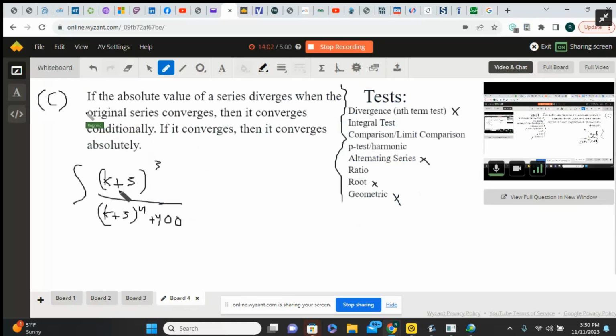There probably are methods, integration by parts and whatnot, but this is very complex. I wouldn't use the integral test for this one. The comparison test might be nice. You just go through these like no, no, no, no, no, maybe.